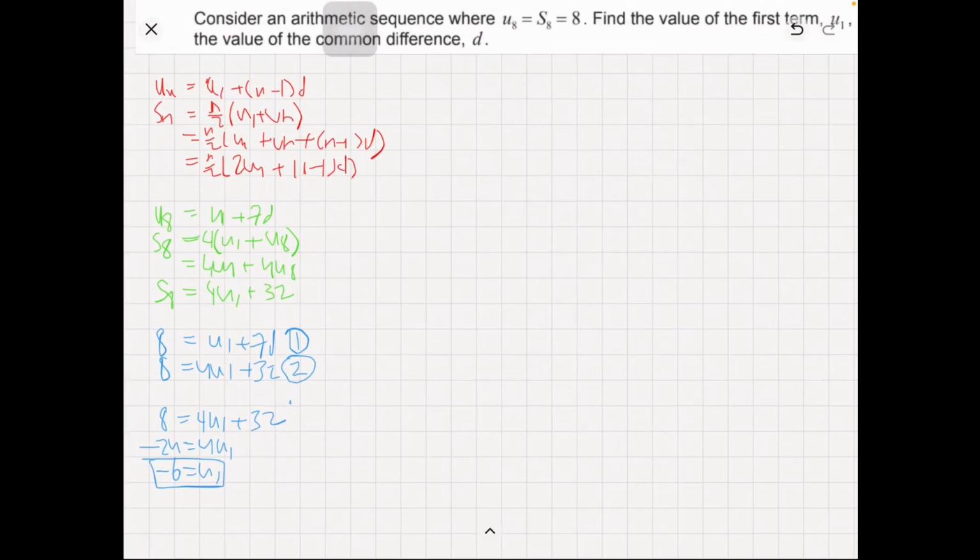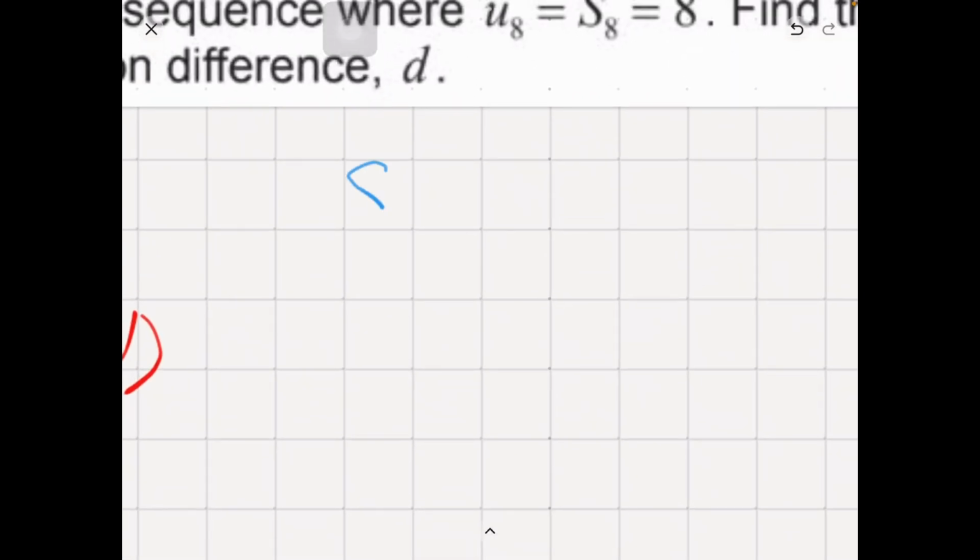But now we have to go ahead and find what d is. So what we can do is we can substitute U1 is equal to negative 6 into equation 1. So this would be 8 is equal to U1 plus 7d.